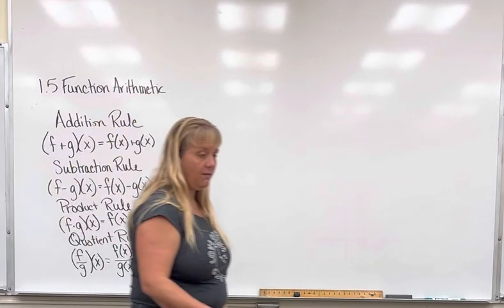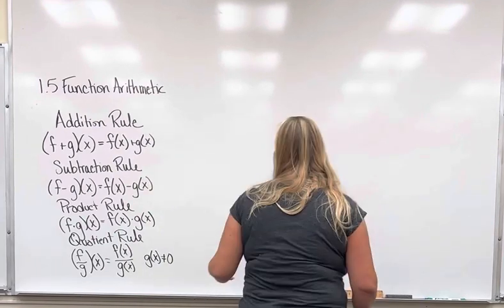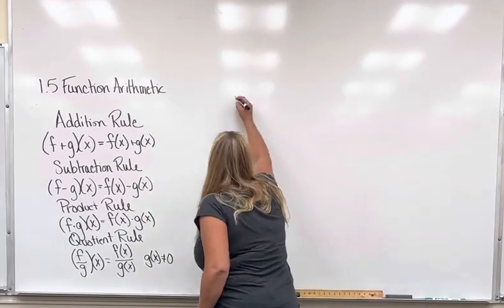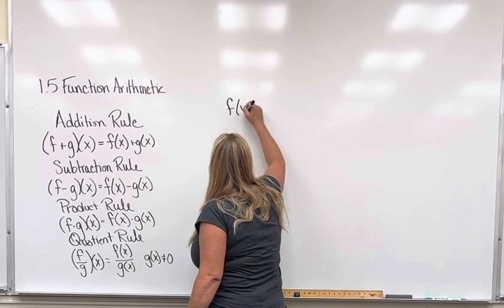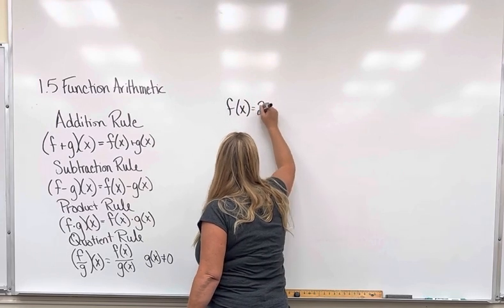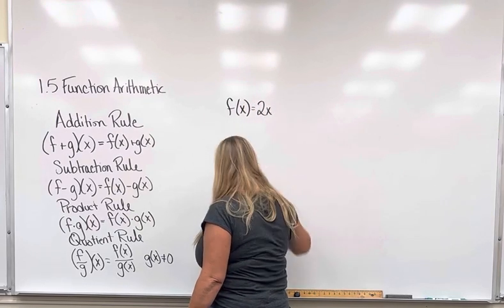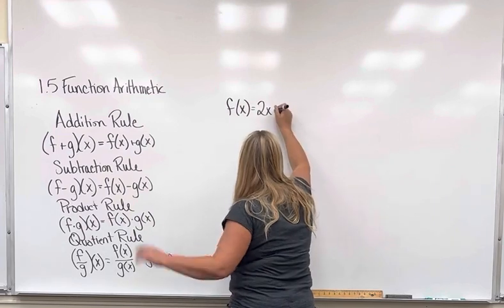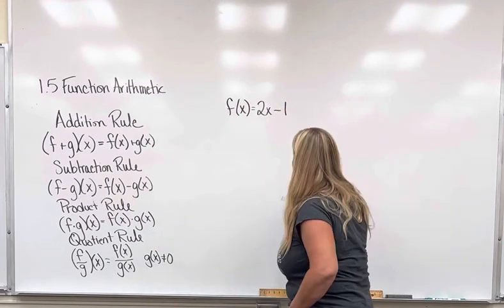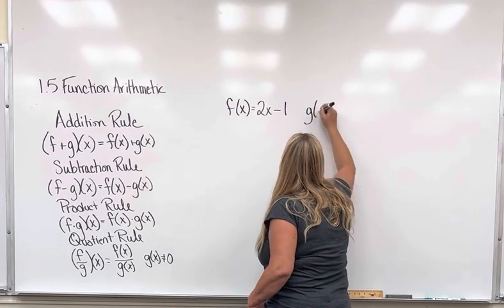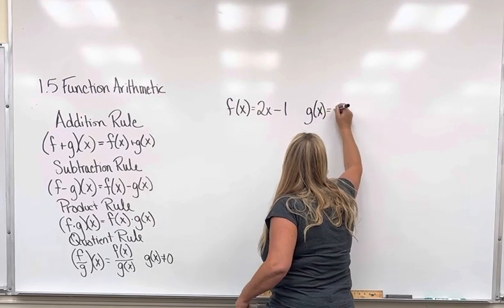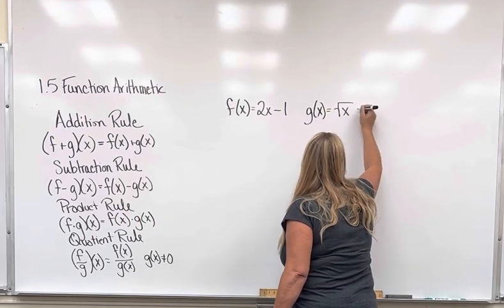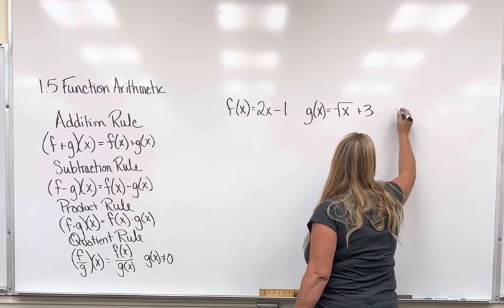So like I said, let me give you an example here. Let's say that I had f of x equals 2x minus 1. g of x will be equal to the square root of x plus 3.